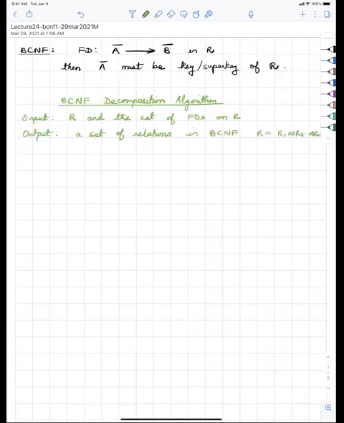So I'm going to use an example to demonstrate this algorithm. Like I said, in terms of the wording, it works exactly like the third normal form algorithm. So this is the example.